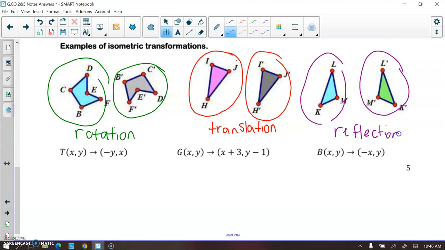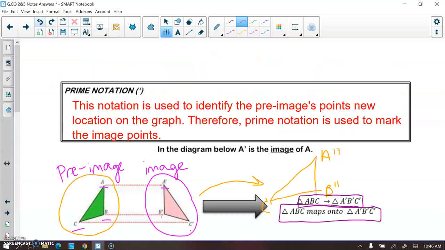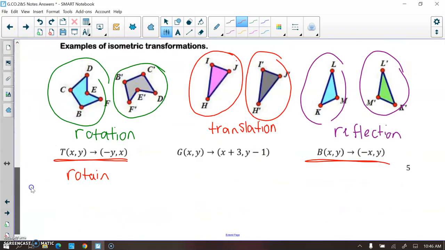All right, so we will learn many different types of mapping rules, but the ones that you might get mixed up are the rotations and the reflections. So this is actually an example of a rotation, and we'll learn the different mapping notations and the different kinds that can happen.